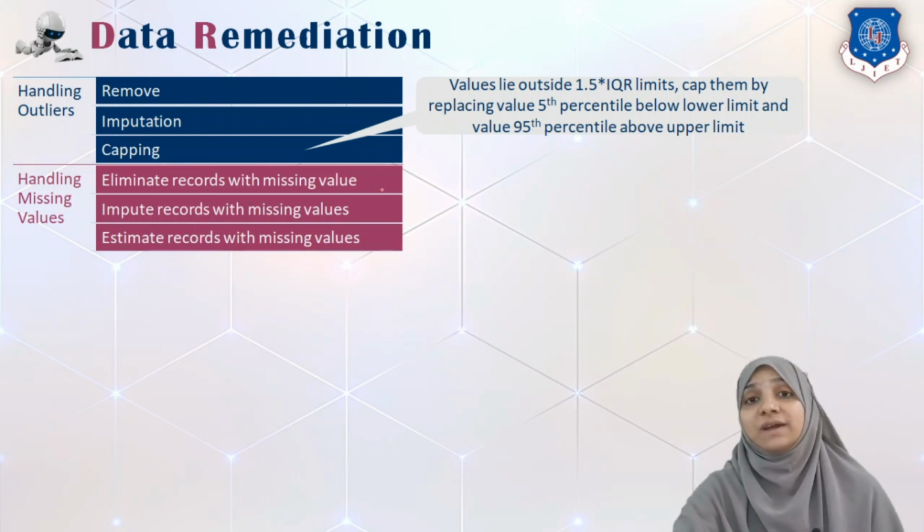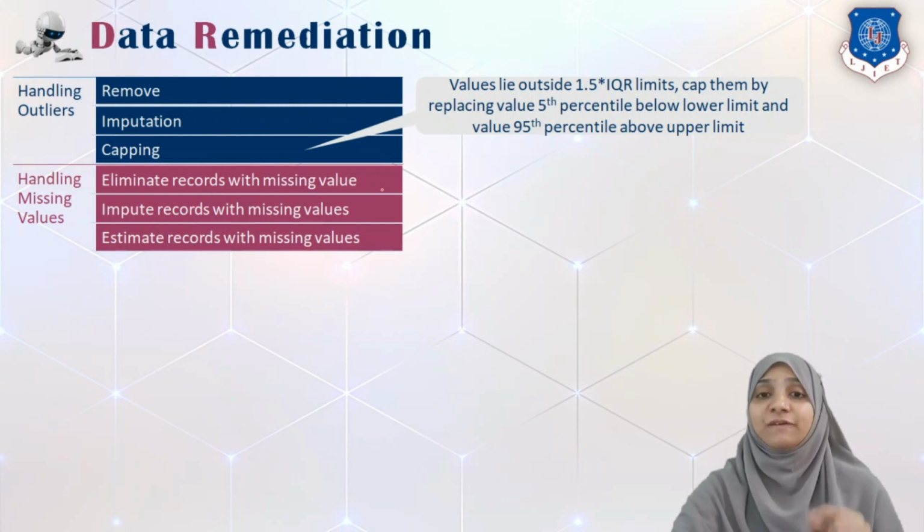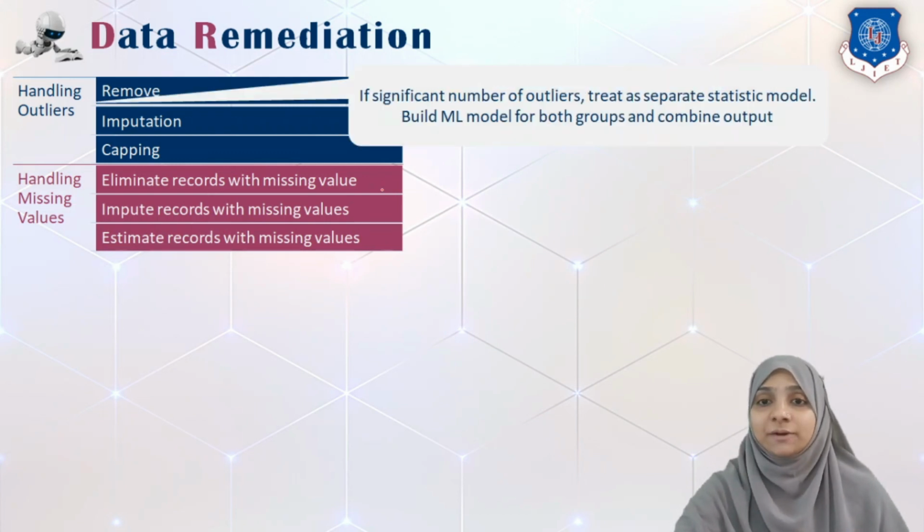So if the outlier is falling on the upper side, we can use the 95th percentile of a given IQR, or if that outlier is below the box plot or IQR range, we can use the 5th percentile value to fill the outlier value. So this is how we can handle outliers.